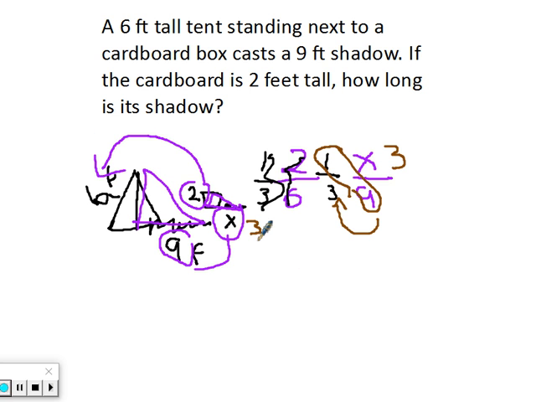I'm sorry. So anyways, and now I'm going to go ahead and double check that the scale factor works. 2 times 3 is 6. So 3 times 3 is 9. Okay. So that works.